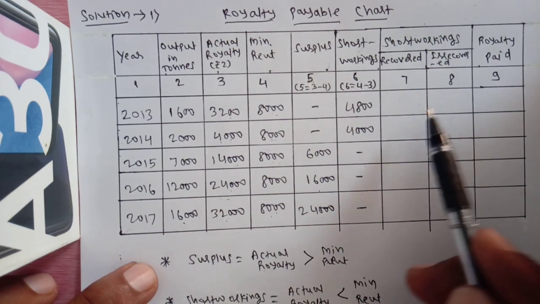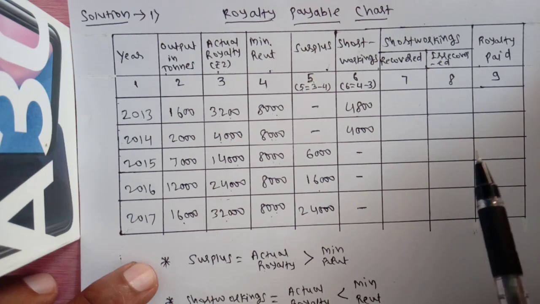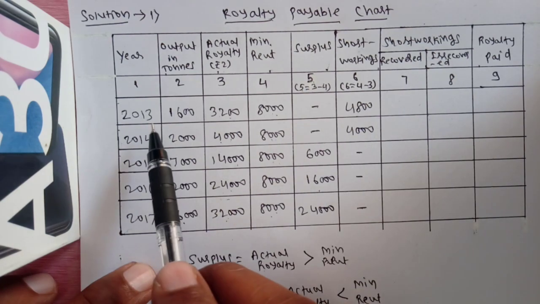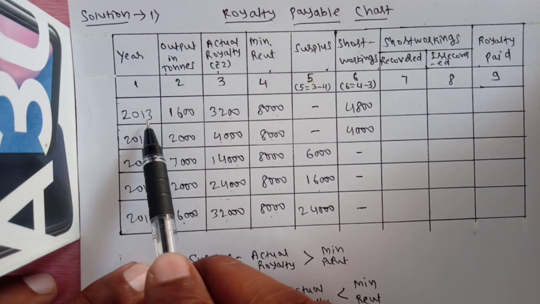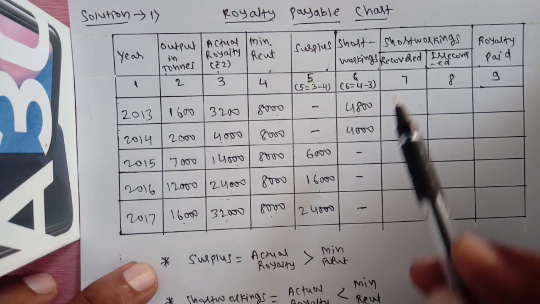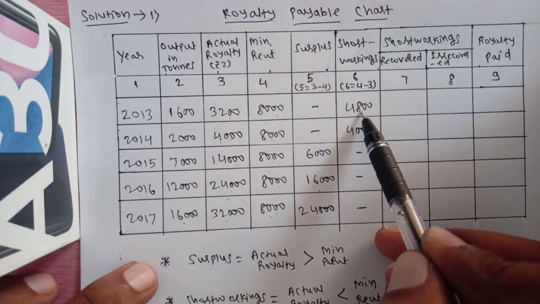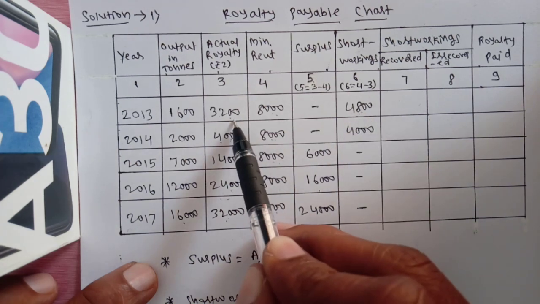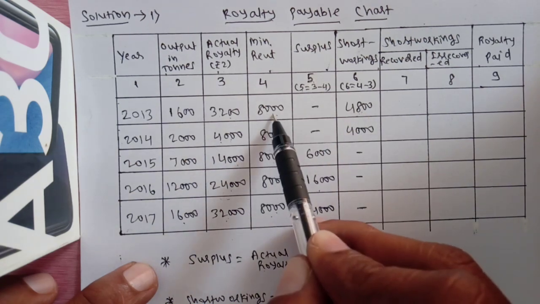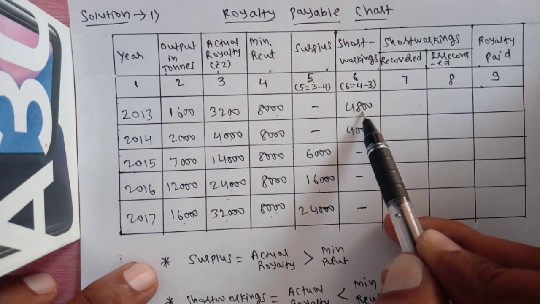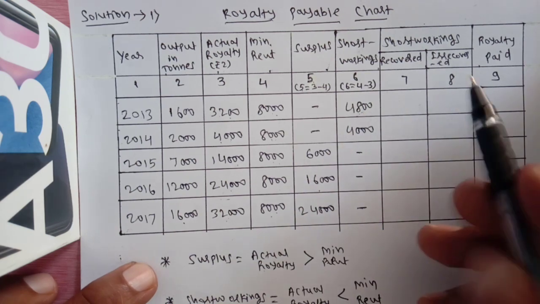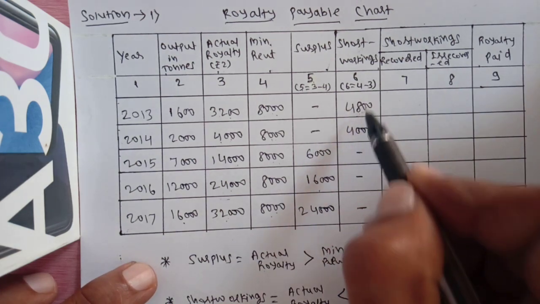Now these next three columns are very important. First I will write down here 2013. Here short workings, a deficit, is there because actual royalty is less than minimum rent. How much is it? 4,800. This amount should be recovered.